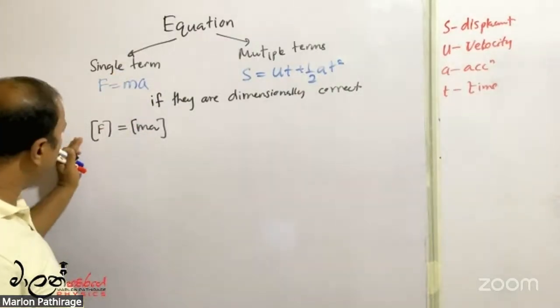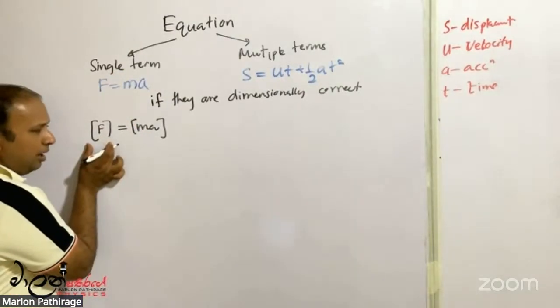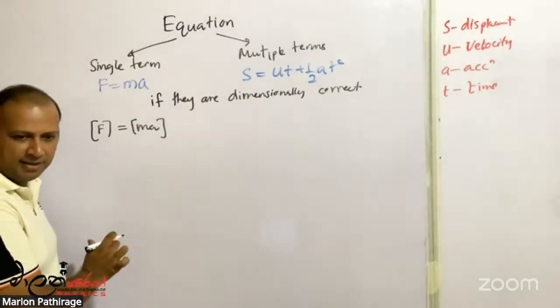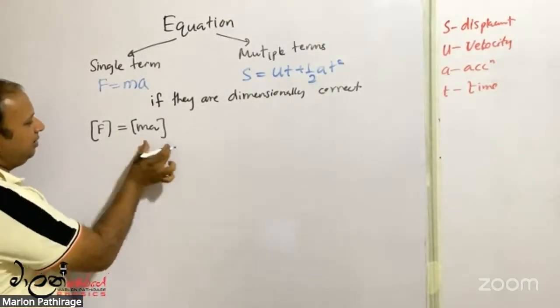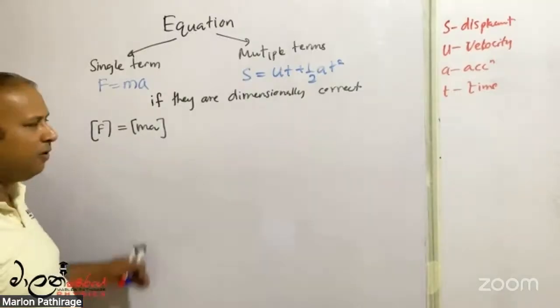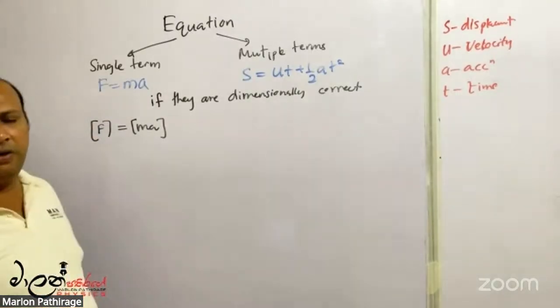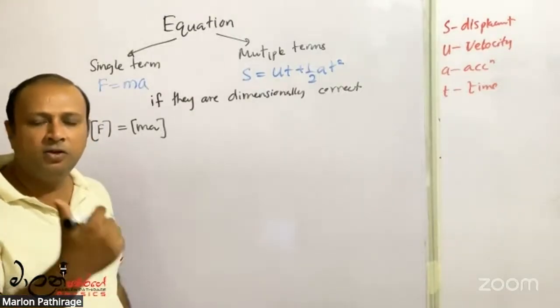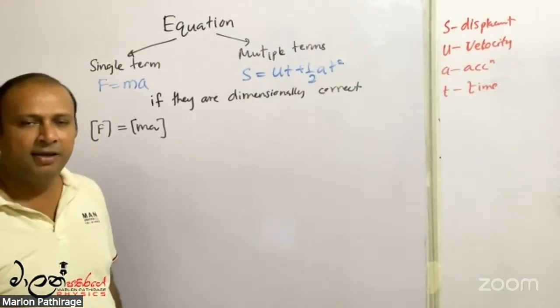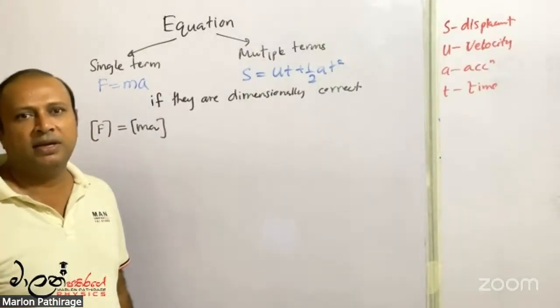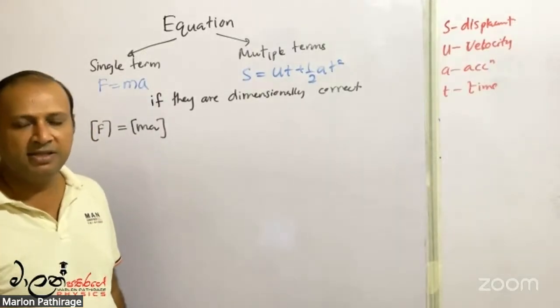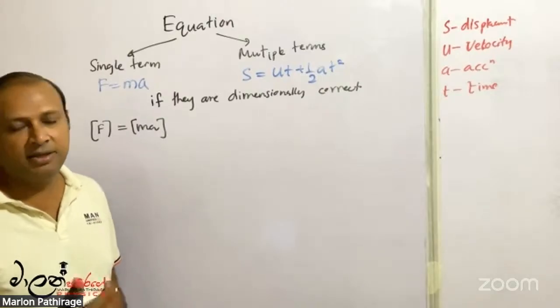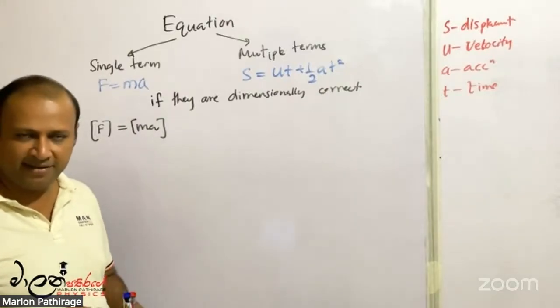Therefore, you have to equate the dimension of the left hand side to the dimension of the right hand side. If they are equal, then you can say this is a dimensionally correct equation.